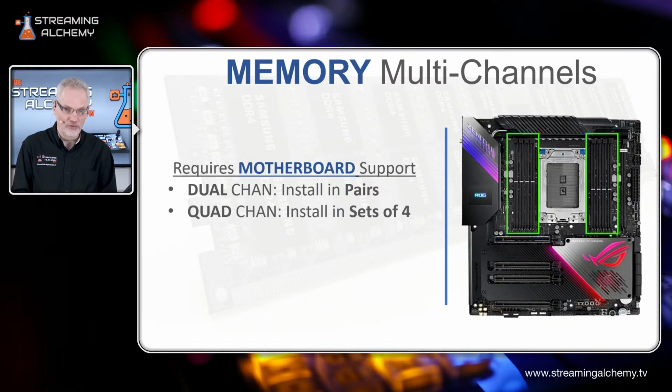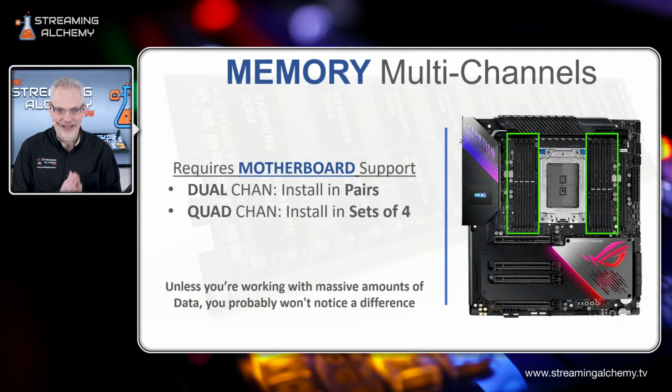Quad channel, you need 4 at a time. So if you have a quad channel system and you put one large DIMM in there, you're not going to get the throughput you'd get if you put 4 smaller DIMMs in there. Same with dual channel. But the reality is quad channel probably isn't going to make much difference for you. And in fact, dual channel probably isn't going to make much difference.